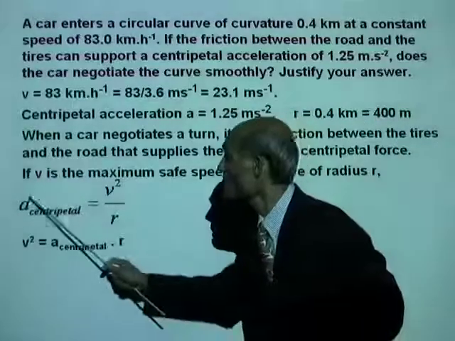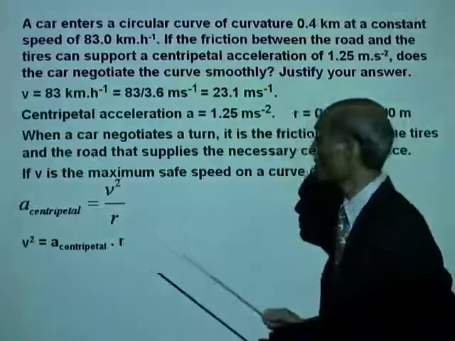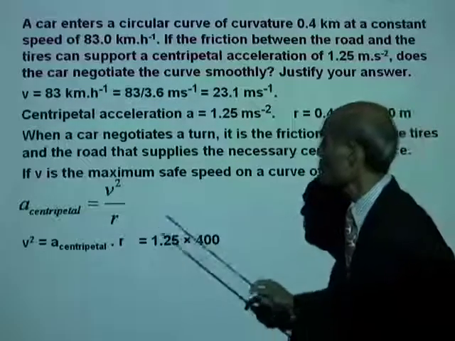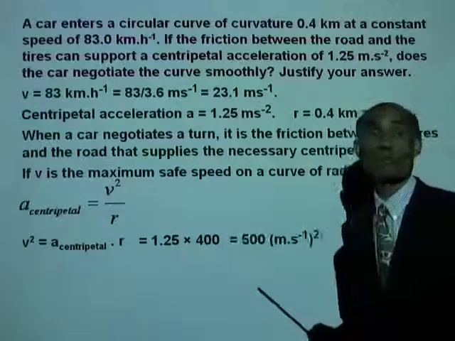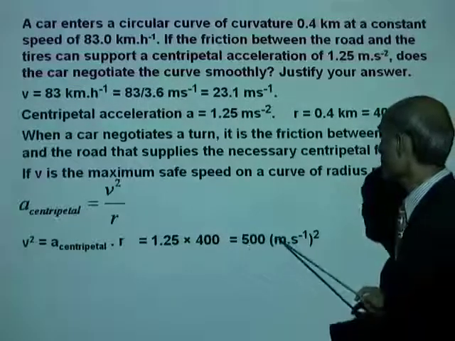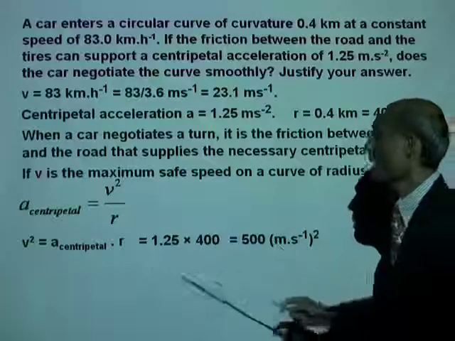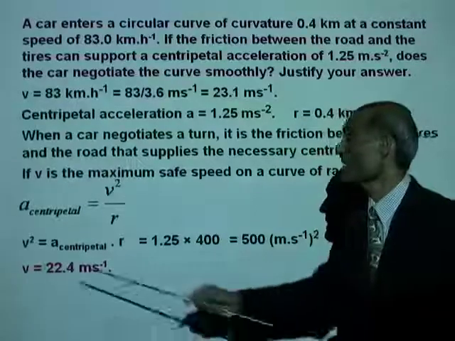Therefore, v squared is the acceleration multiplied by the radius. The acceleration is 1.25 and the radius is 400 meters. And that is 500 meter squared per second squared. That is v squared.